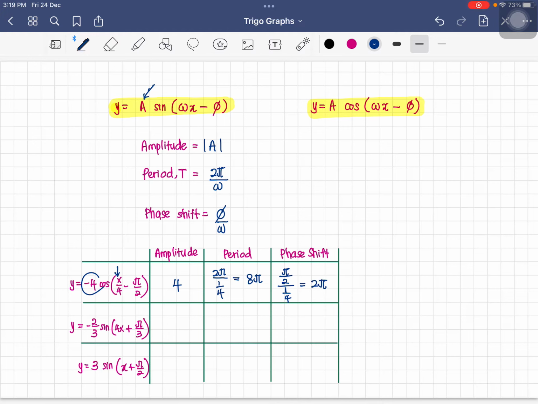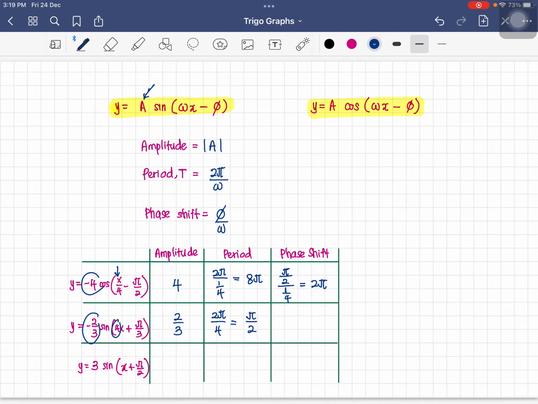Then for the amplitude of the second one, look at this value. It should be 2 over 3 because it should always be positive. For the period, you start with 2 pi over omega. Your omega is 4, so your period is pi over 2.